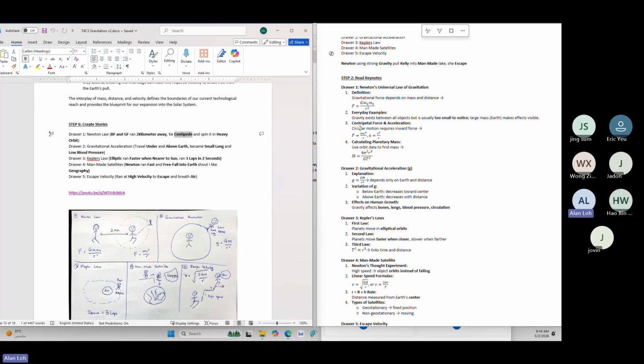For me, it sounds a bit like centripetal. Then you tie it on a rope and spin it, and it's moving like a heavy orbit. So this is to explain the orbit and the mass. Mass is heavy, so heavy orbit.